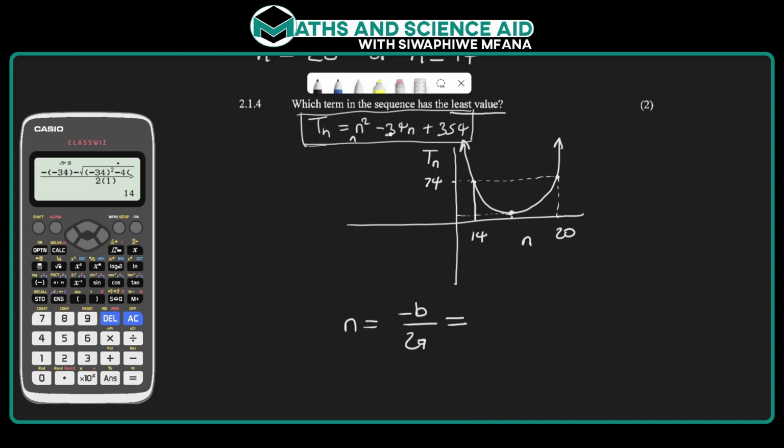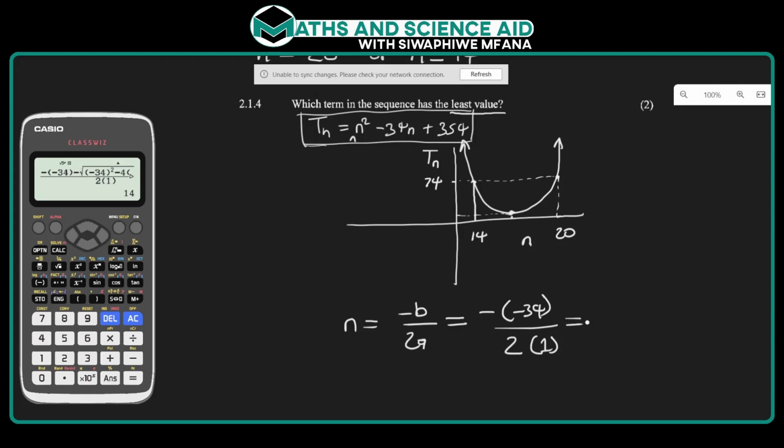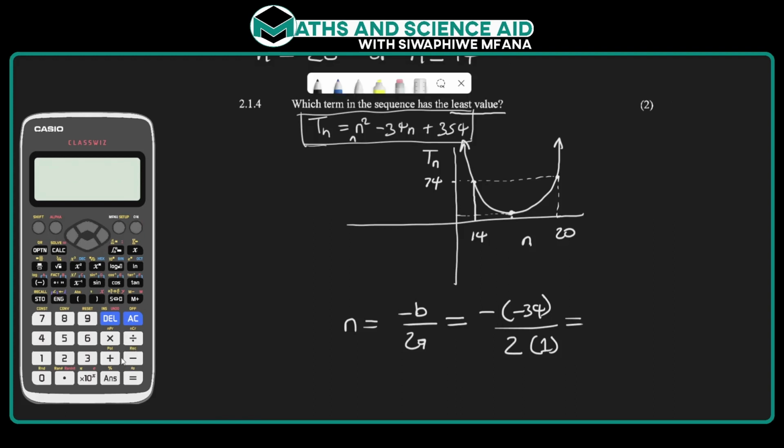From the general term of our sequence, we see that b is equal to negative 34. So we divide that by 2 multiplied by a. Using our calculator, n is equal to negative negative 34 divided by 2 multiplied by 1, which is obviously just 2.